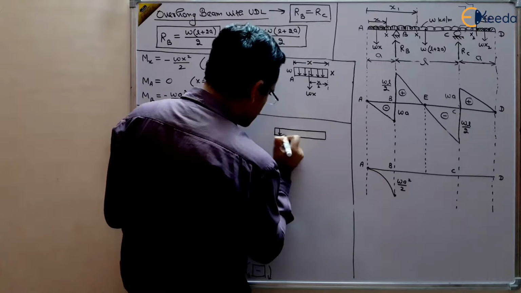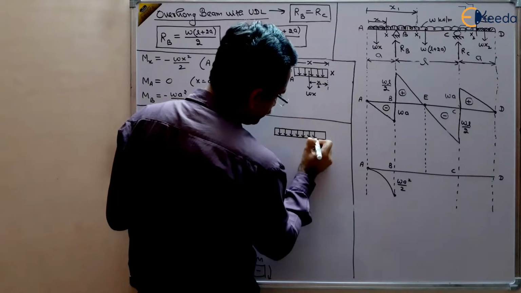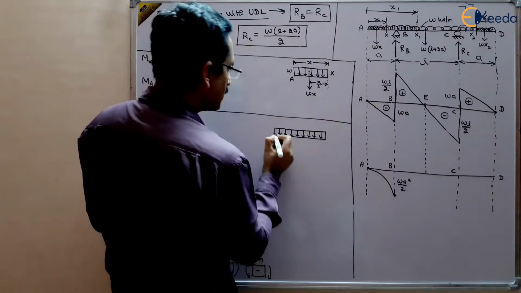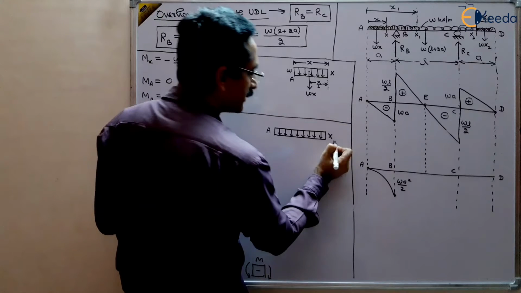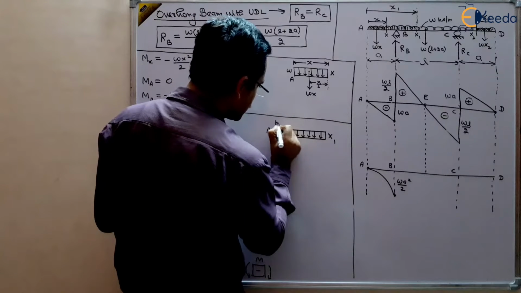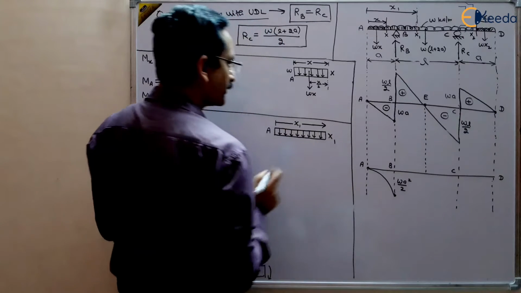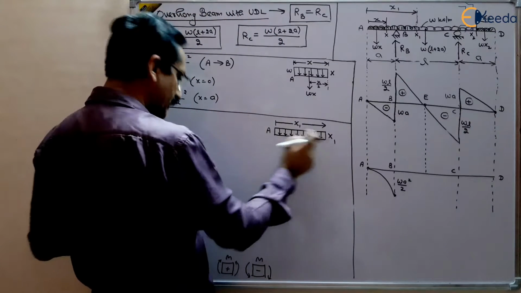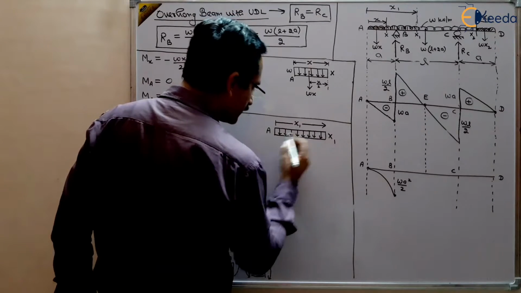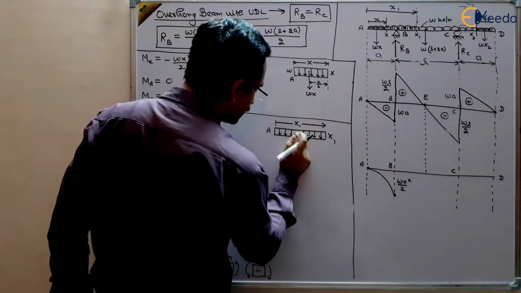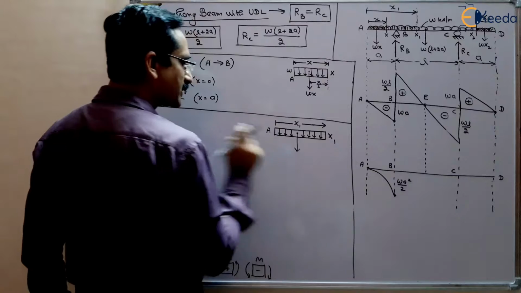So the UDL is acting in downward direction. This is A point and this is X point, from A to X1, and this distance is X1. And the force of this UDL will be acting in downward direction at the center, just at the center, right?